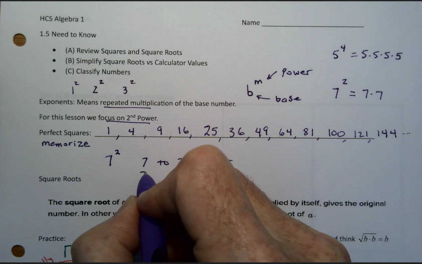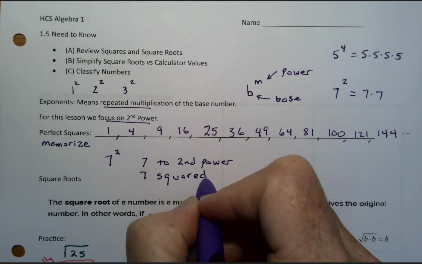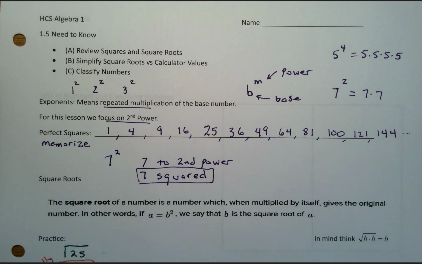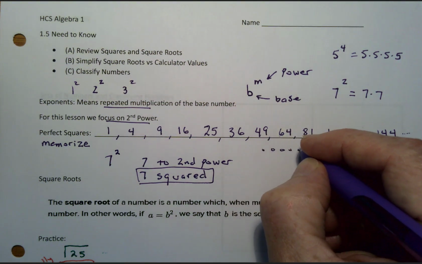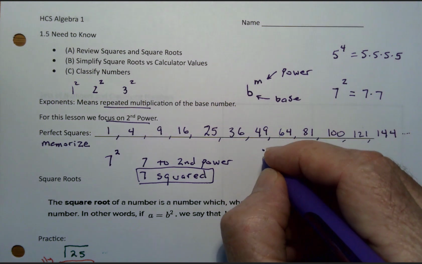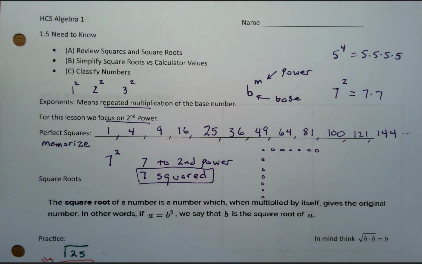But we also say 7 squared. 7 squared is kind of like a nickname for second power, and it's because 1, 2, 3, 4, 5, 6, 7. I shouldn't have picked 7. It's going to have a lot of dots. 1, 2, 3, 4, 5, 6, 7.